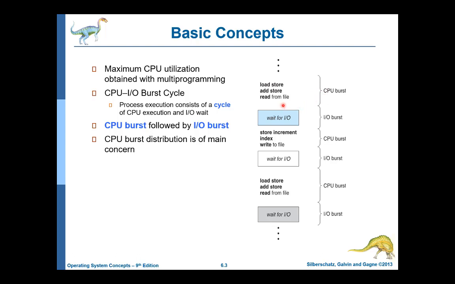Now it needs to read from file, so the process goes to the IO burst, which means it goes to the waiting state, and after the reading is finished, again it comes to the CPU burst.